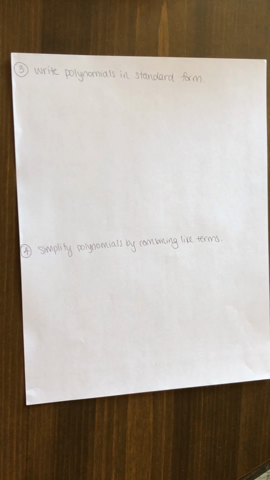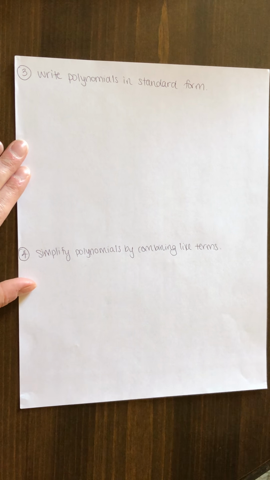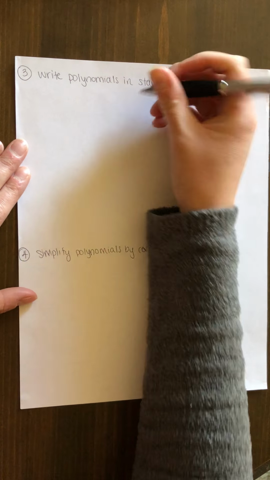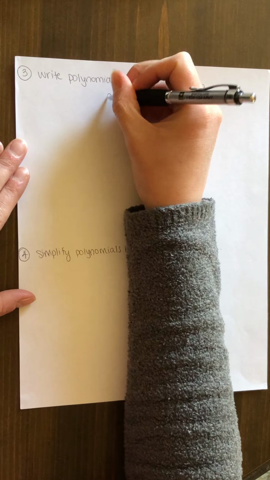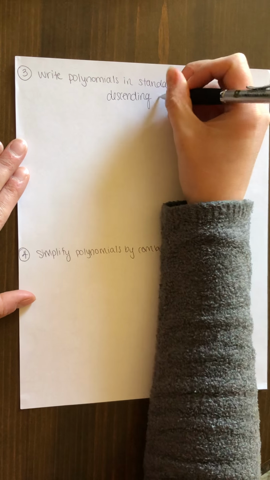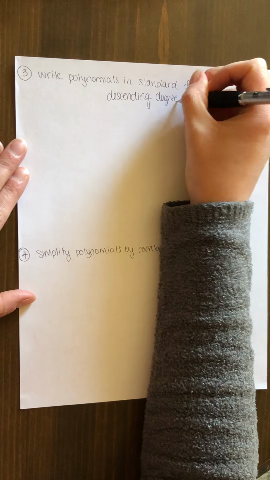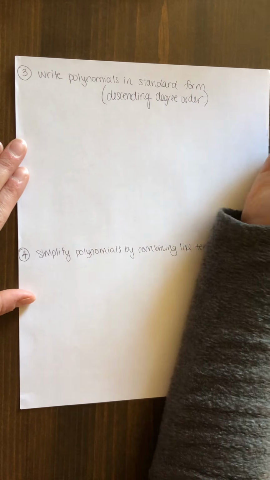The third goal of this lesson is to write polynomials in standard form. So what that means is you want to write the polynomial in descending degree order.